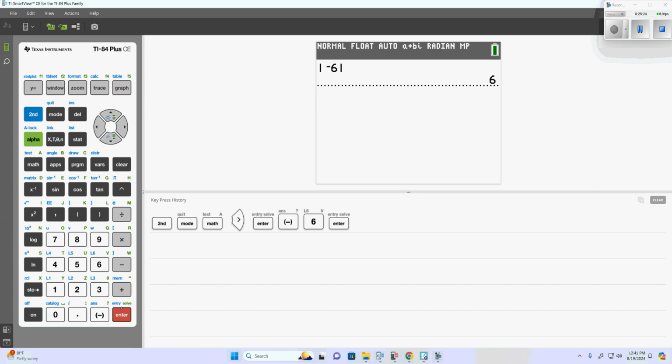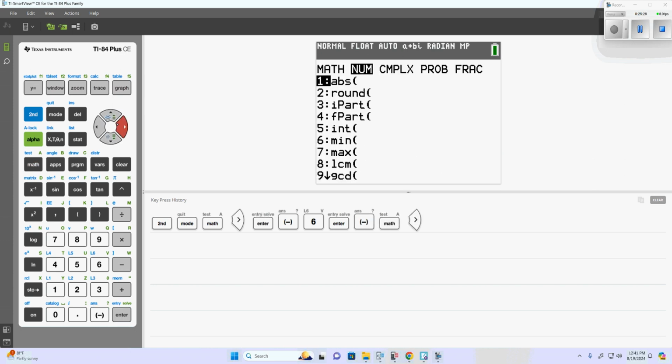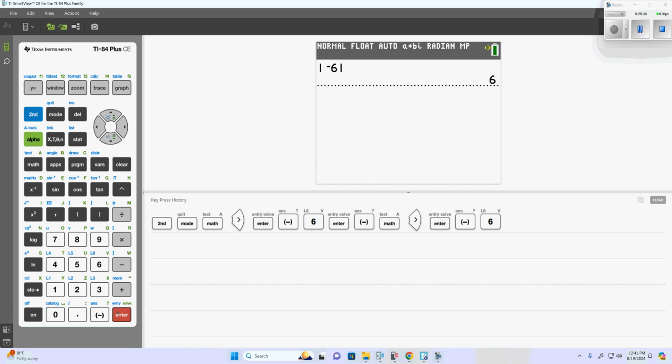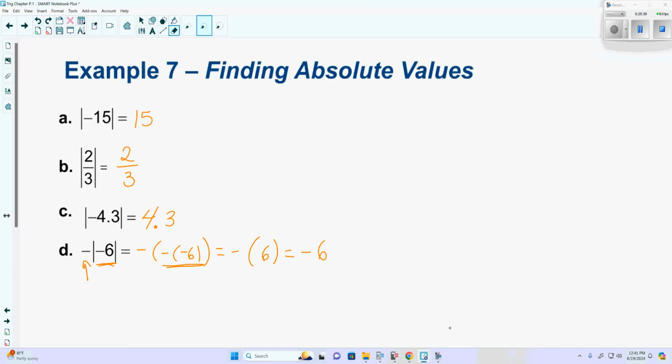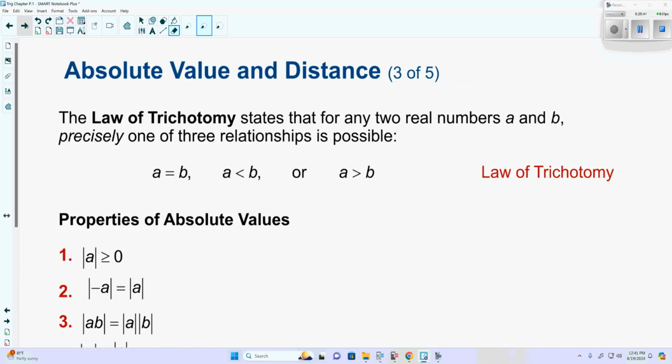So I'm going to say the absolute value of negative 6 is 6. So the calculator will do some of this for us. Now the graphing calculator will do absolute value calculations. Unfortunately, the 30XS will not.